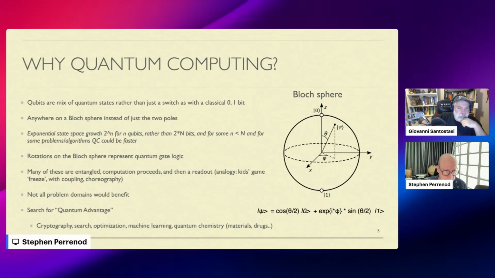And then you have many of those, and you have to supercool it, which we'll get onto, down to a tiny fraction of 1 degree above absolute zero. And only then can this superposition and entanglement happen in practice. We'll talk about some of the other methods that are used.